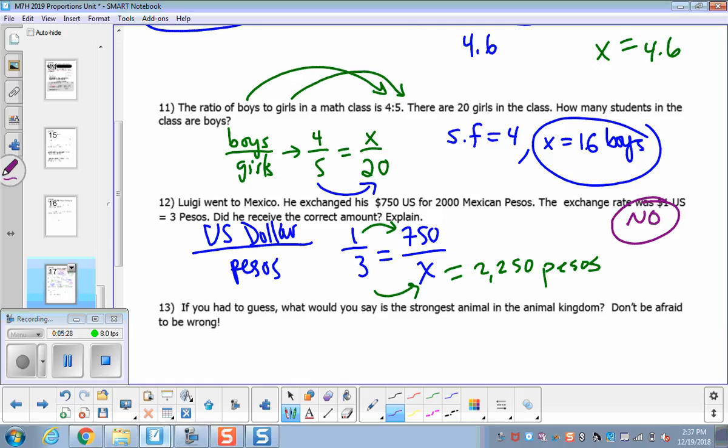Now other people, when they see the word strongest, they might be thinking like a shark, or a tiger, or even human beings. Because some students will say, well, a human has a brain, which means we can build things to be stronger than any other animal. So there's going to be a wide variety of answers here for this question.